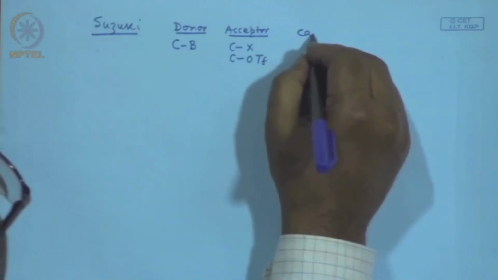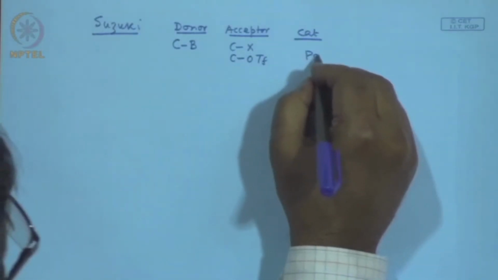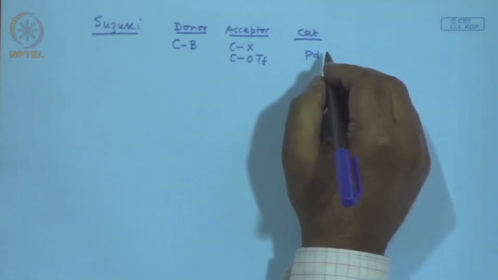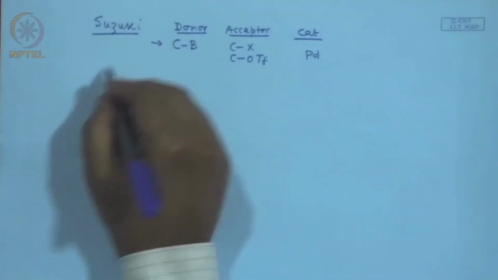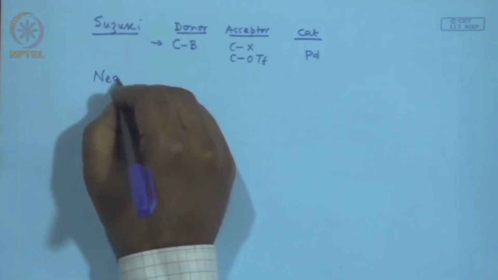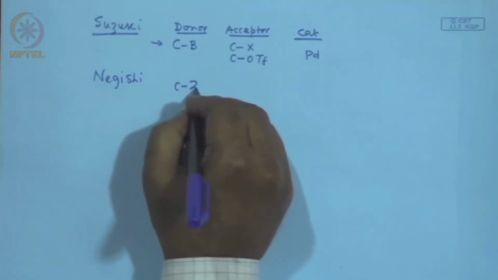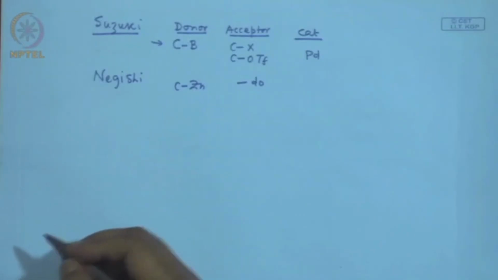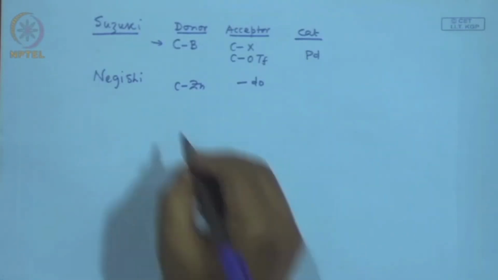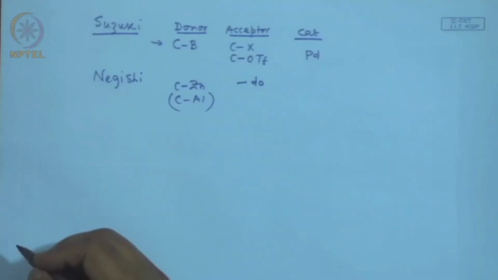Then catalyst. All of us know Suzuki often means palladium, and then it goes to Negishi. Negishi primarily is carbon zinc, and the acceptors are all the same. Occasionally it is carbon aluminum.